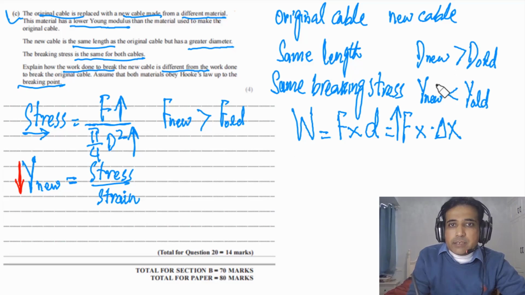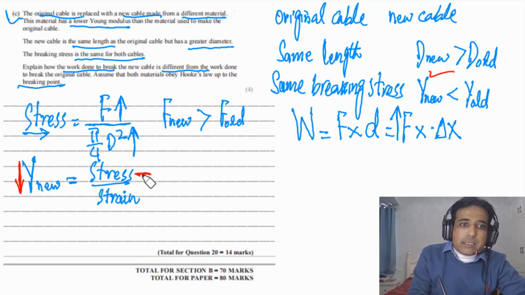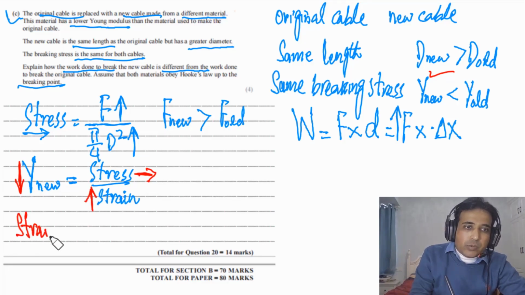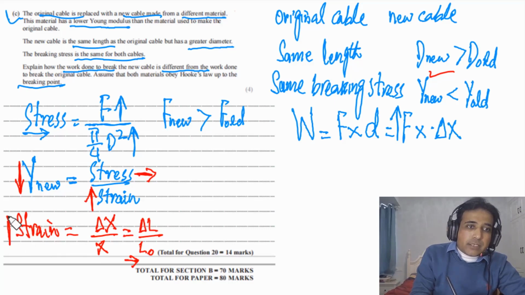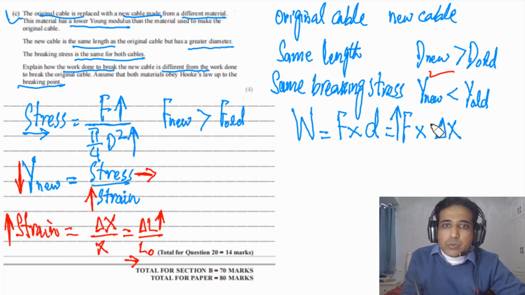Stress is the same, breaking stress is the same, so it means strain has to be greater, and strain is equal to extension delta x over x, or we can say delta L over L. You can also write this as the extension divided by L original. They have the same length, but strain is greater, it means delta L is greater.